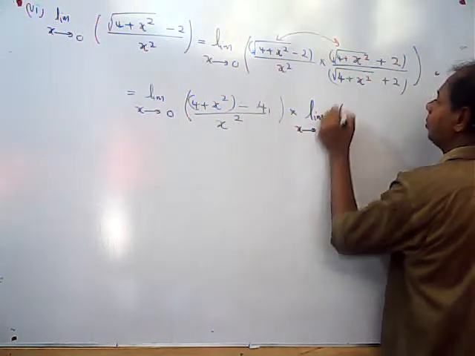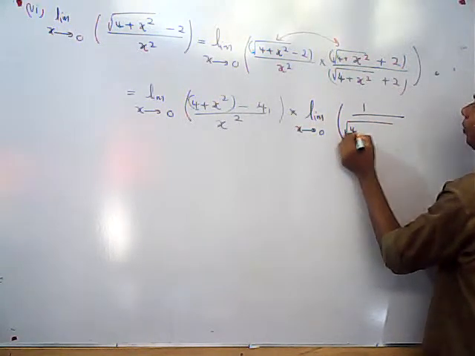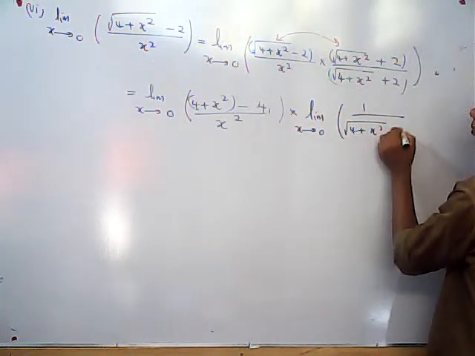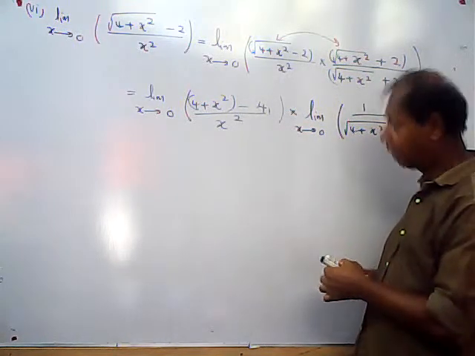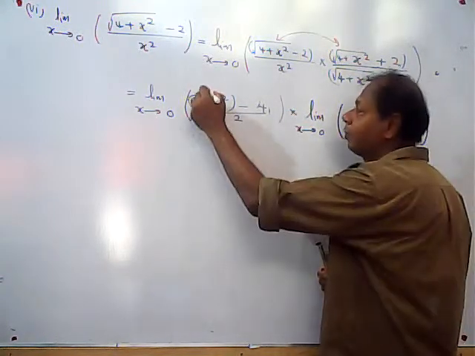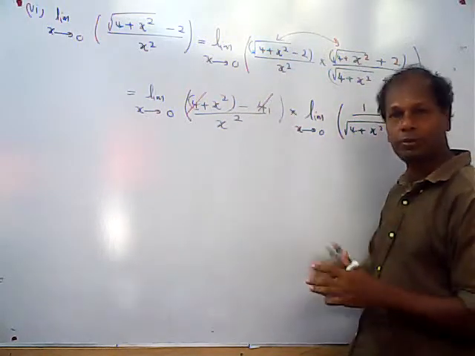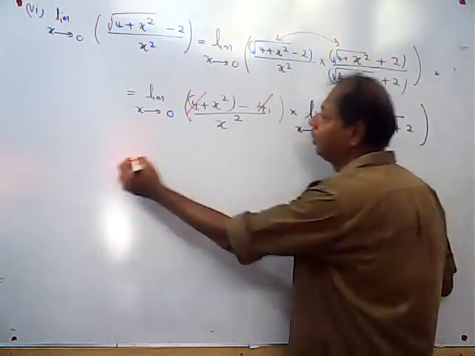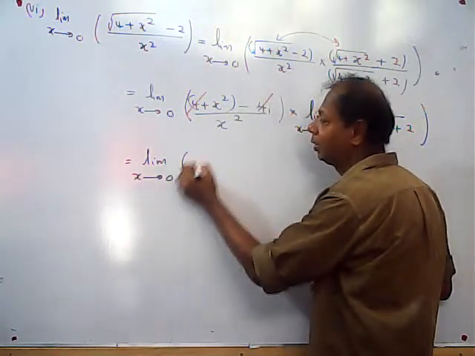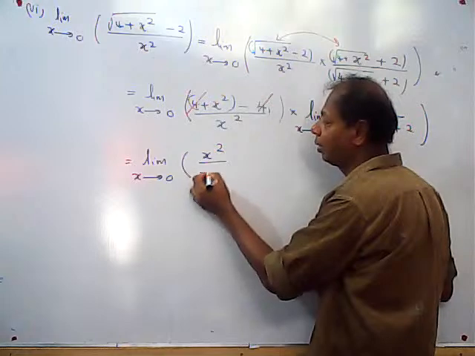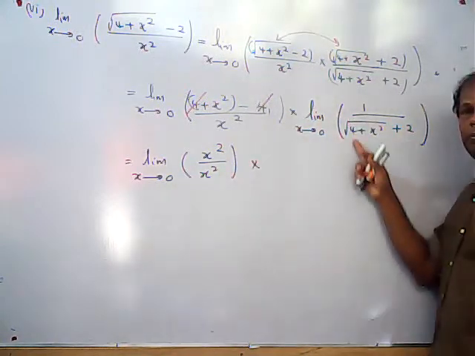As x goes to 0, this part will remain 1 over root of 4 plus x squared plus 2. Right? Here, the 4 will cancel off, leaving for the moment x squared over x squared. So as we said earlier, no problem with this.